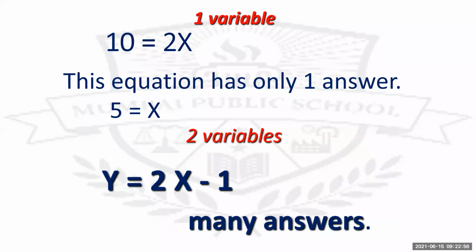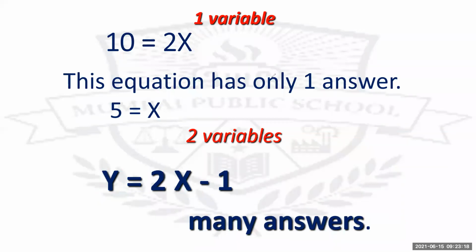Now remember, for one variable, check how many alphabets are shown. That is very important here. You have got one alphabet, that is x, so that is one variable, and here you have got two alphabets, y and x. So it is two variables.